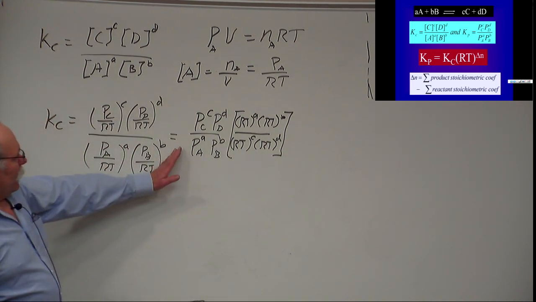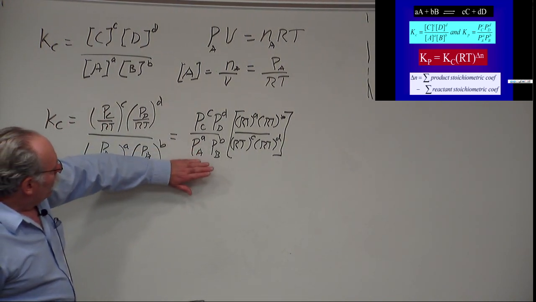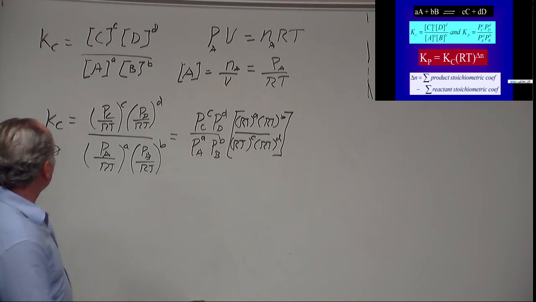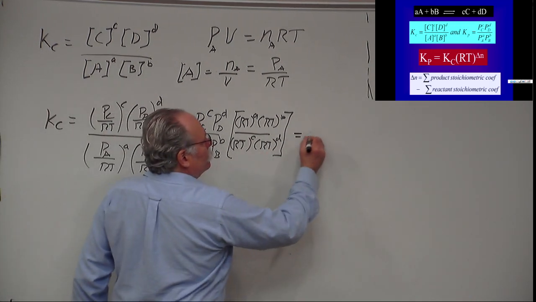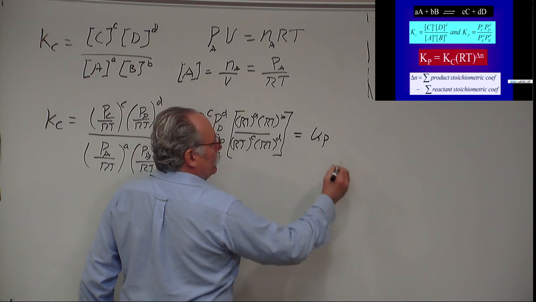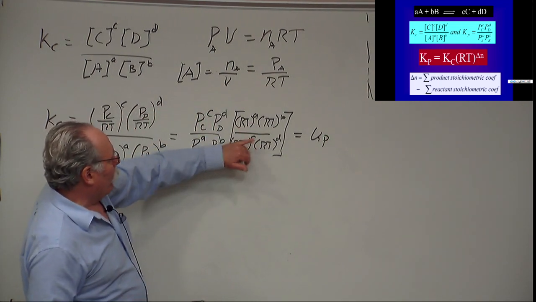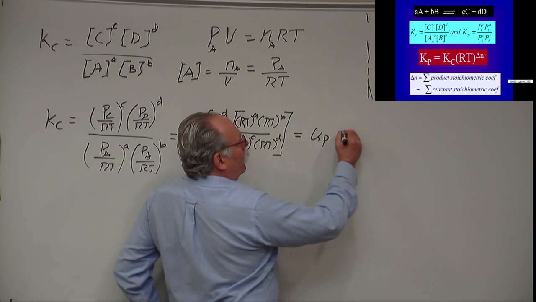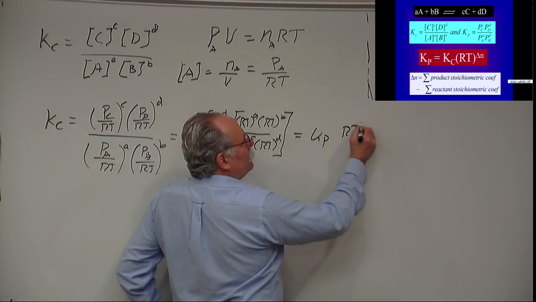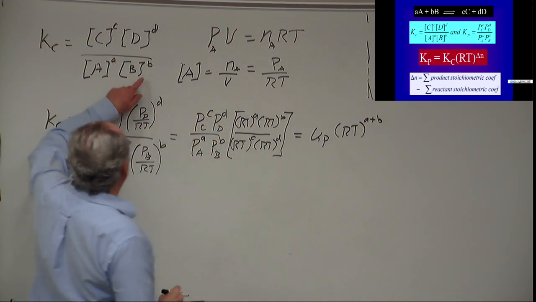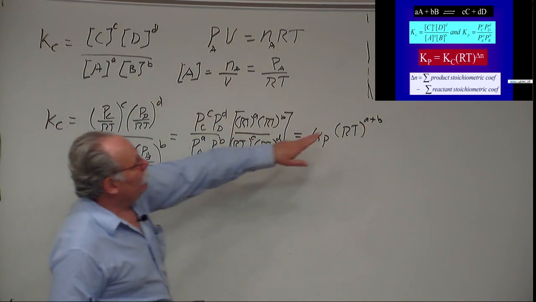What I have here is the Kp, so I can say this is equal to Kp, and I'm going to keep this in the two parts for a minute, and I'll explain why. So I have RT to the a plus b, and if there had been additional reactants, there would be additional terms.